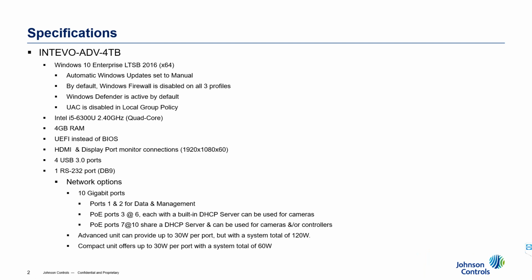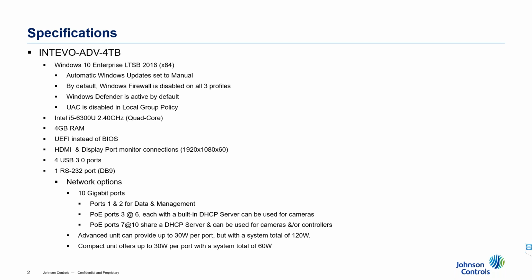First, we're going to focus slightly more on the INTEVO Advanced. It is not a huge difference between the INTEVO Advanced or Compact on how you deploy this. The INTEVO Advanced does come with Windows 10 Enterprise Edition, which comes with the latest, greatest of Windows 10. Some of the cool things are the firewall is actually on now.